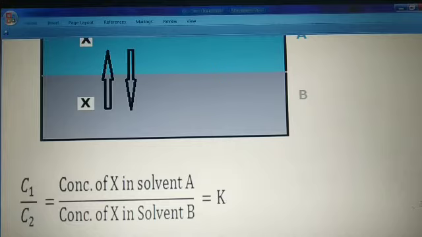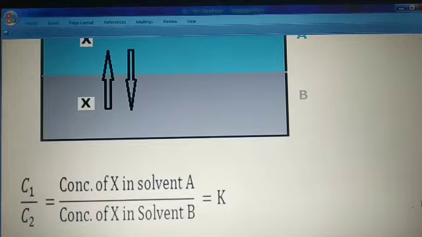What is meant by the molecular state? Molecular state means it shouldn't undergo association or dissociation in any of the solvents. What is meant by association or dissociation? Whenever molecules associate, they form dimer or trimer, or the molecule dissociates. For example, sodium chloride dissolved in water forms the ions Na positive and Cl negative in the water.